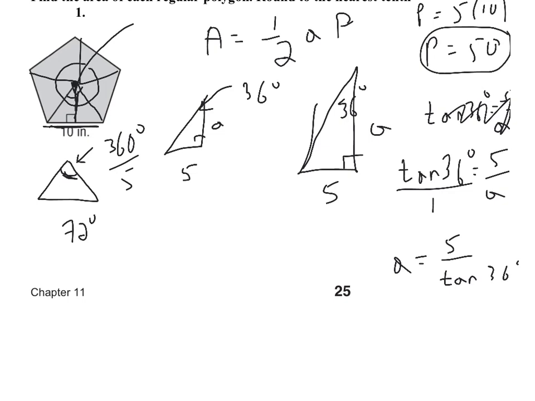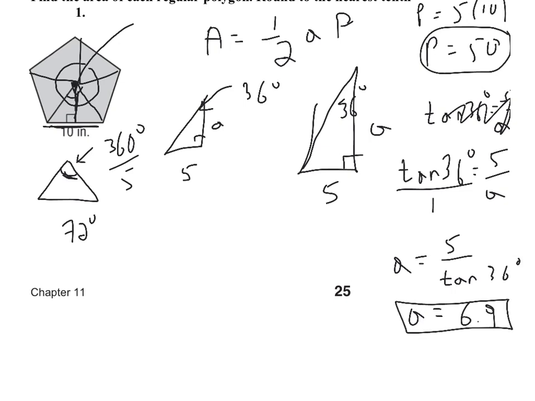If you want to evaluate this on the calculator, 5 divided by tan 36, you will get about 6.9. So A is equal to 6.9 units. So your apothem is 6.9 units.